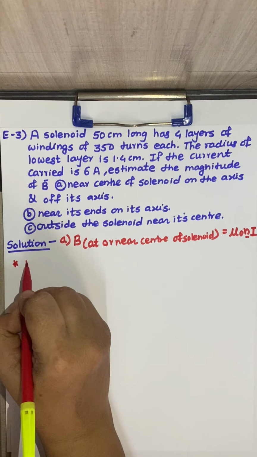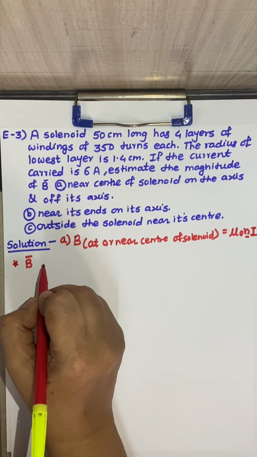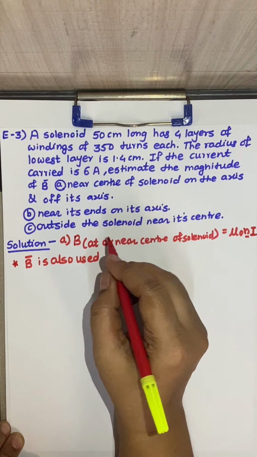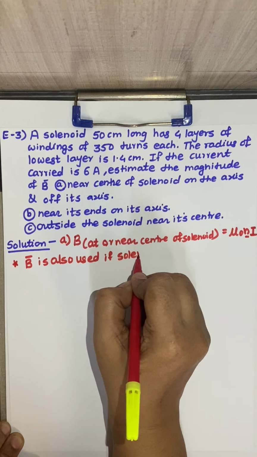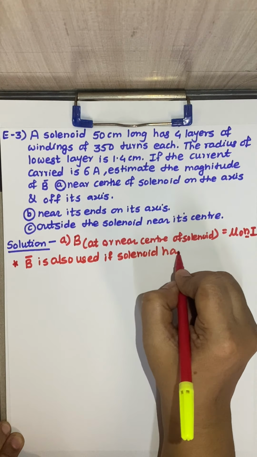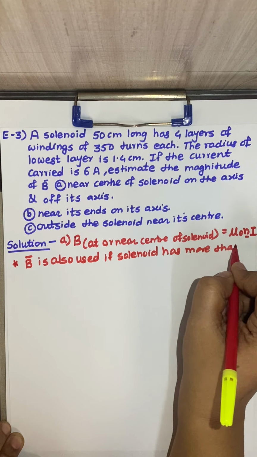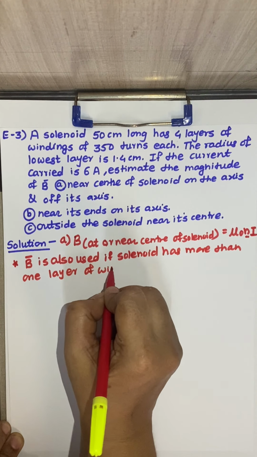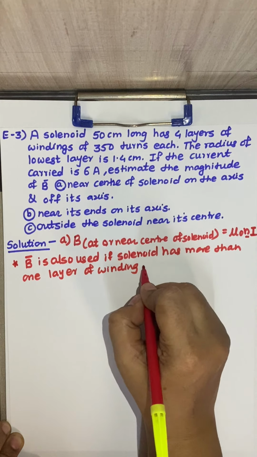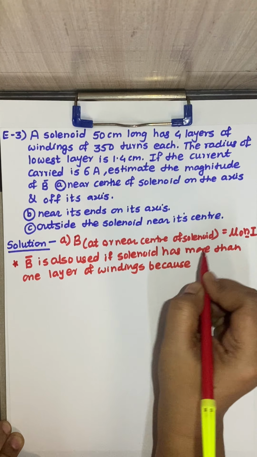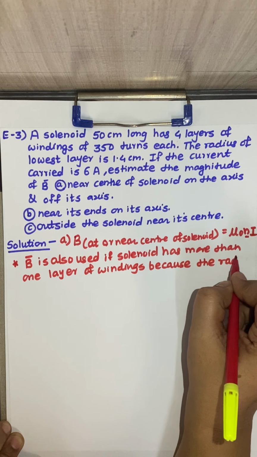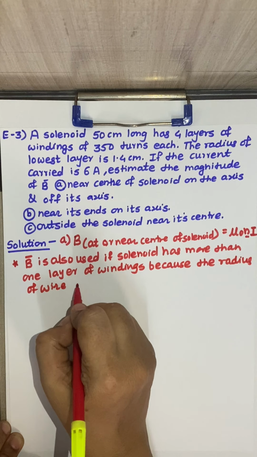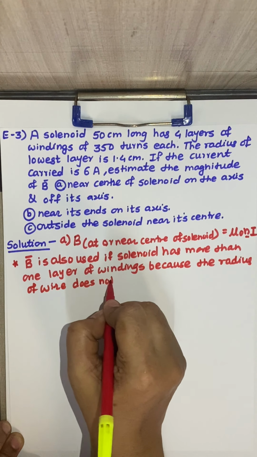This expression for B is also used if the solenoid has more than one layers of winding, because the radius of wire does not enter in this equation.